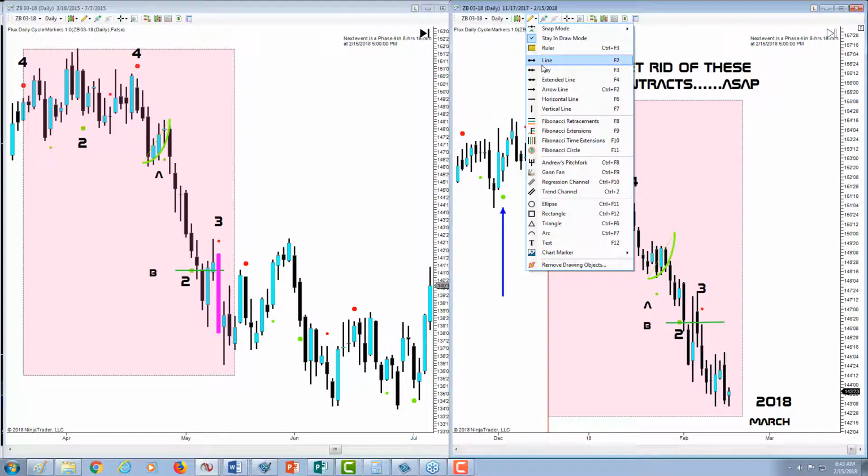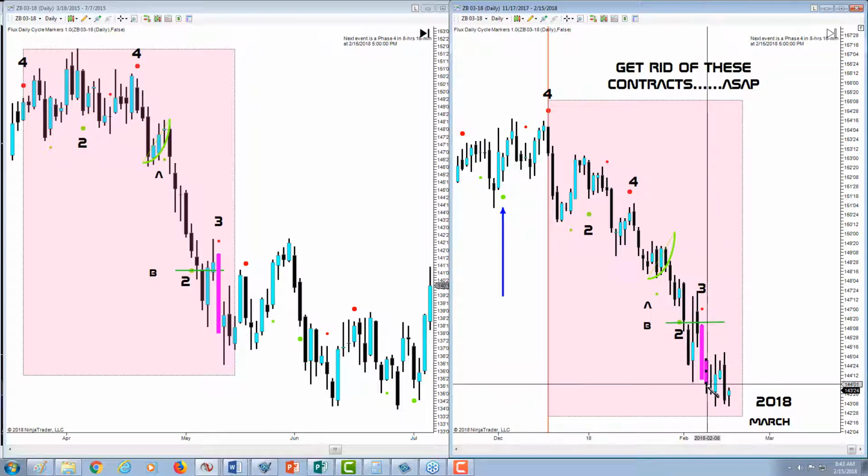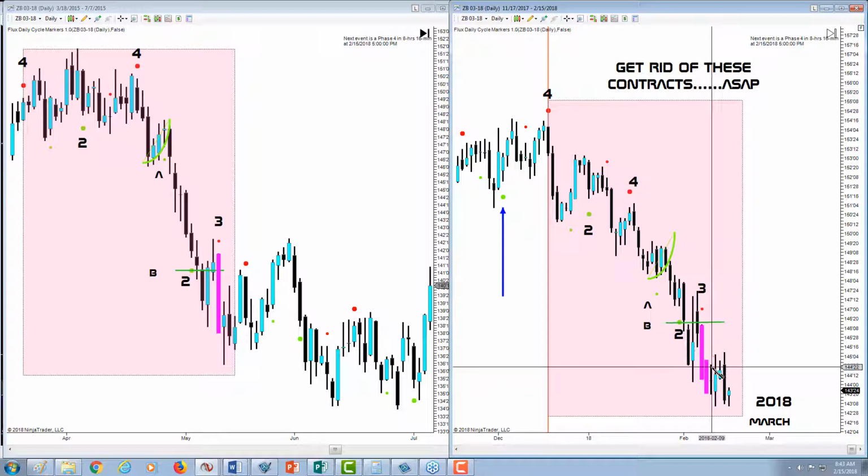And on the right side over here, look, there's the phase 3 dot. And can you see, one, how it drives down into that low right here?